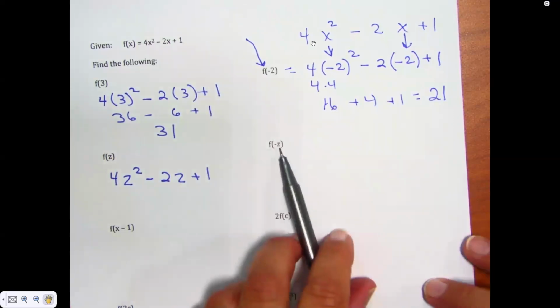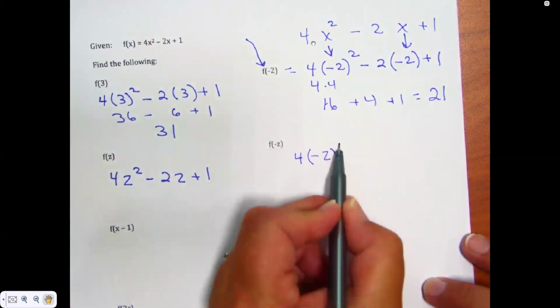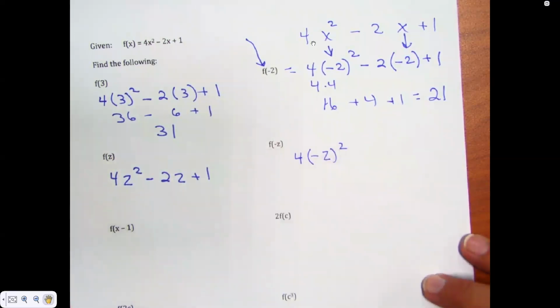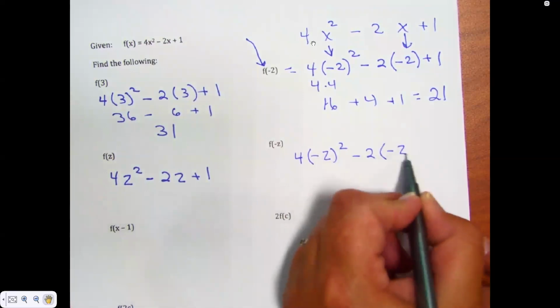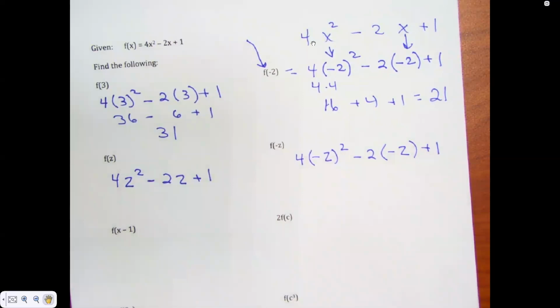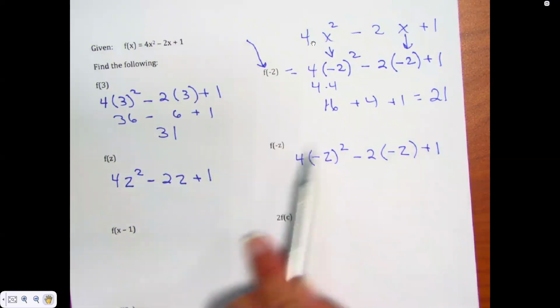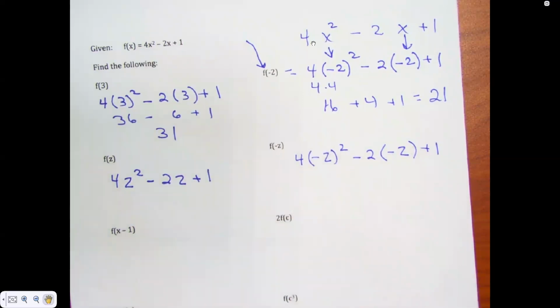All right, how about this one? 4, I need parentheses because I'm plugging in a negative. Minus 2, I'm plugging in a negative, and then plus 1. This one we can simplify. What's a better way to write this? We're squaring the negative, so that actually becomes positive.